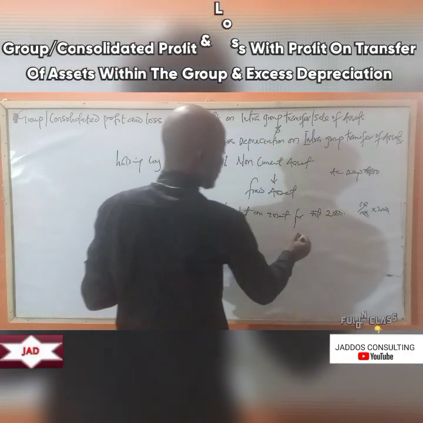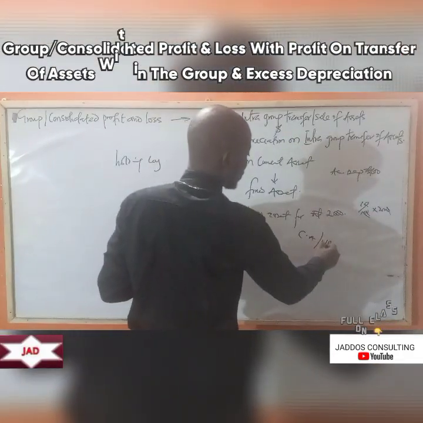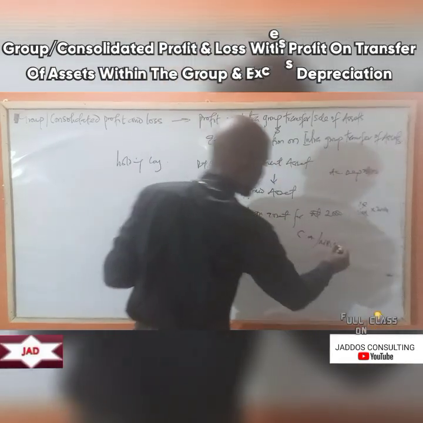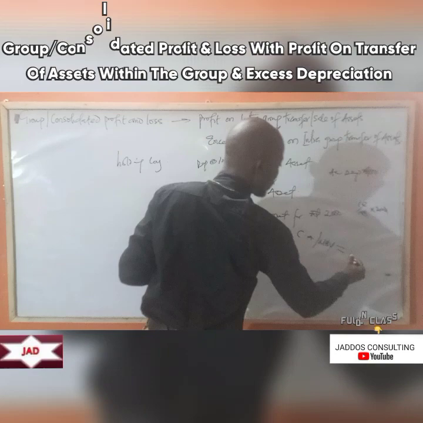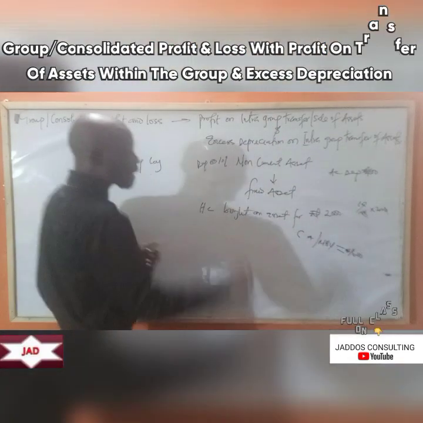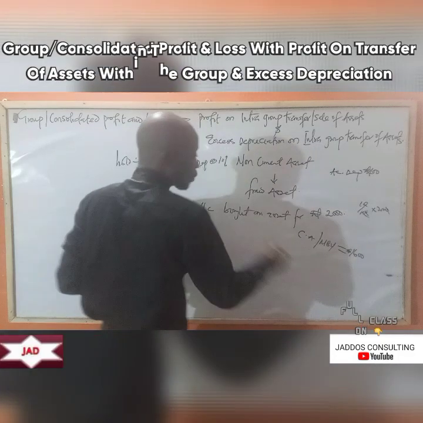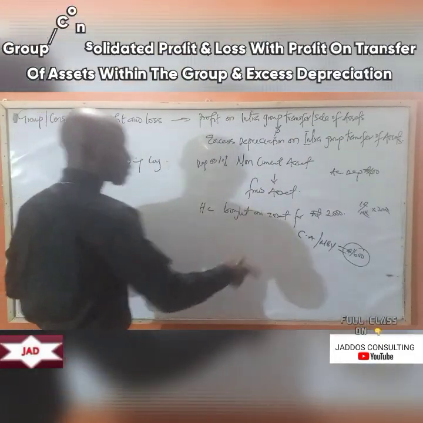So the carrying amount, or net book value, of this asset is 2,000 minus 400, which is 1,600 naira.